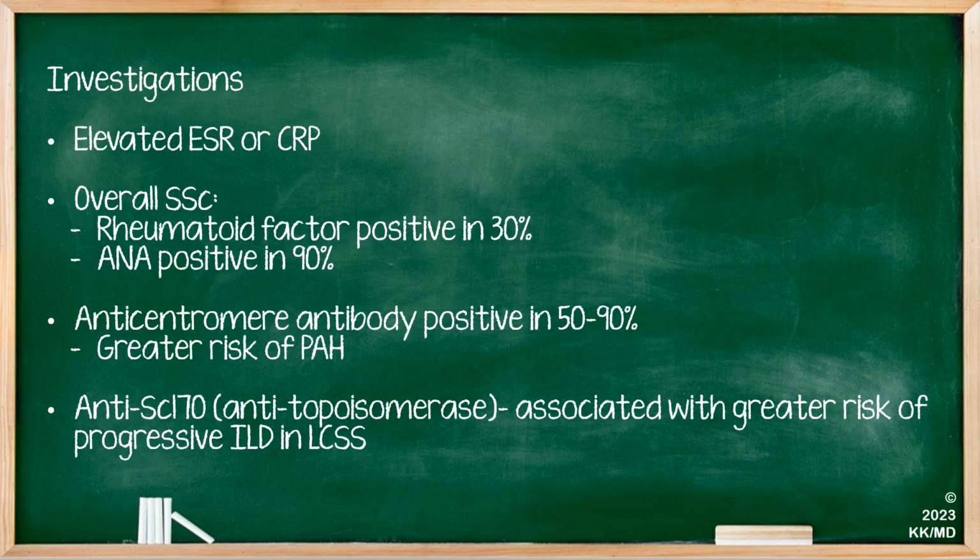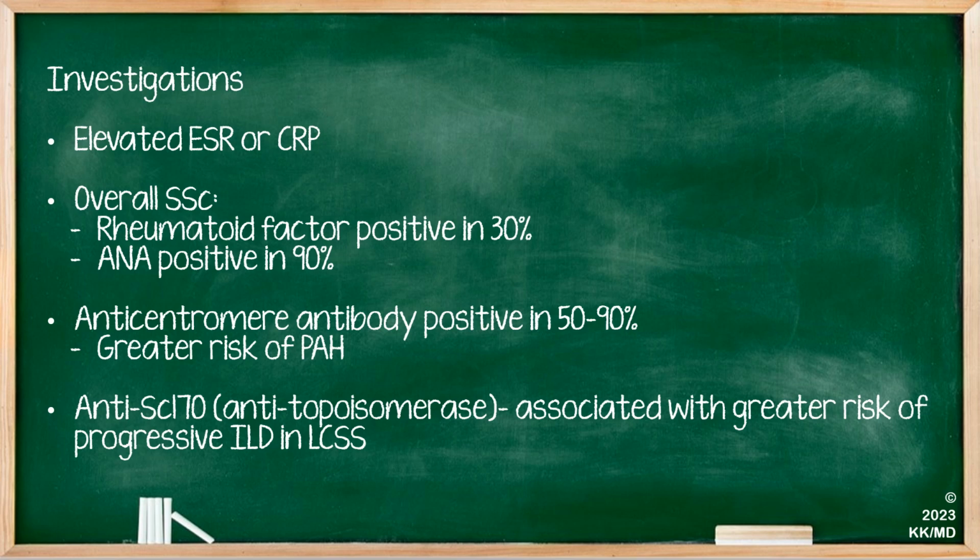Overall, in all patients with systemic sclerosis, so this is looking at the limited and the diffuse form, rheumatoid factor can be positive in up to 30%, and ANA positivity is seen in 90%. In people with the limited form, anti-centromere antibodies are positive in 50 to 90% of patients, and as we said before, they are at greater risk of pulmonary artery hypertension.